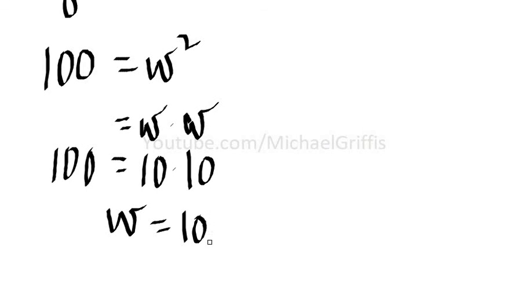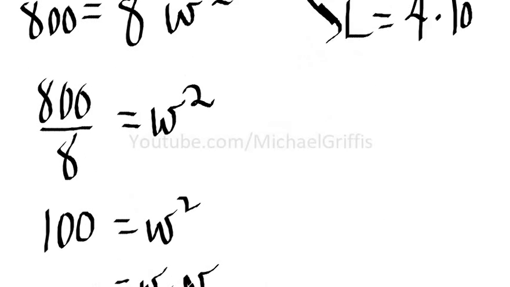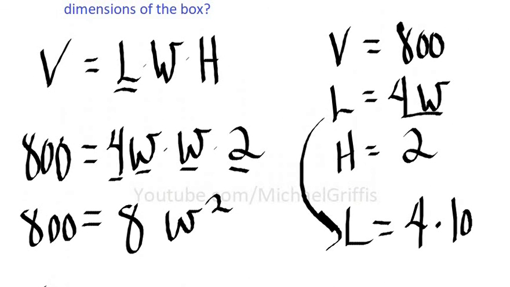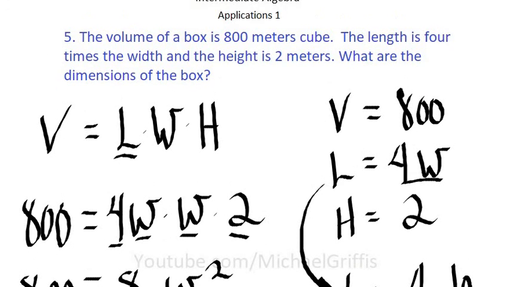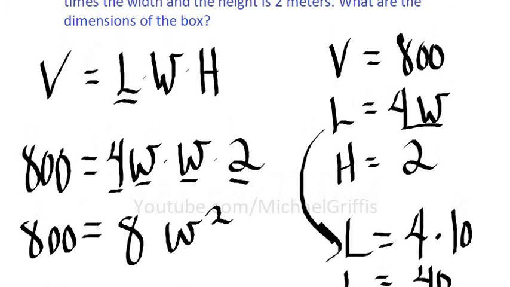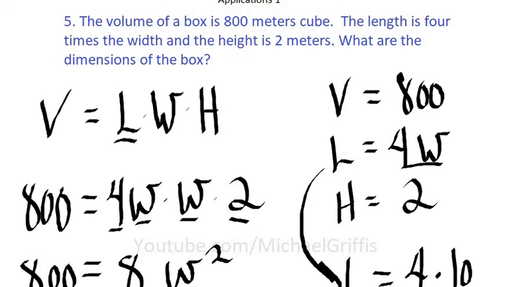Got crazy there. So L is equal to 40. So we now know what L is, what W is, and of course we were given H.